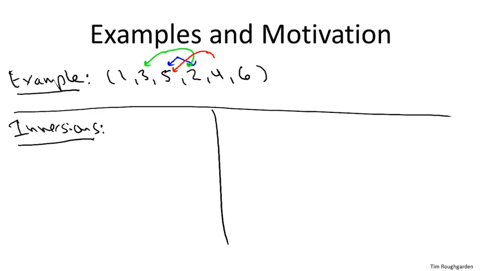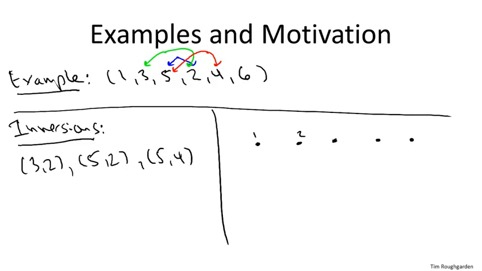And 5 and 4 are also out of order. I'll leave it to you to check that those are the only 3 pairs that are out of order. So summarizing, the inversions in this array of length 6 are 3, 2, 5, 2, and 5, 4, corresponding to the array entries 2, 4, 3, 4, and 3, 5.